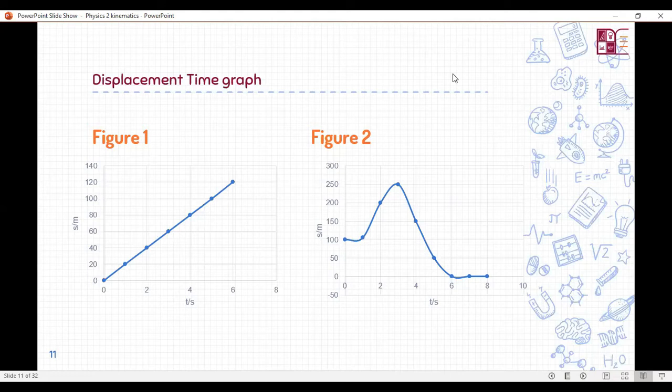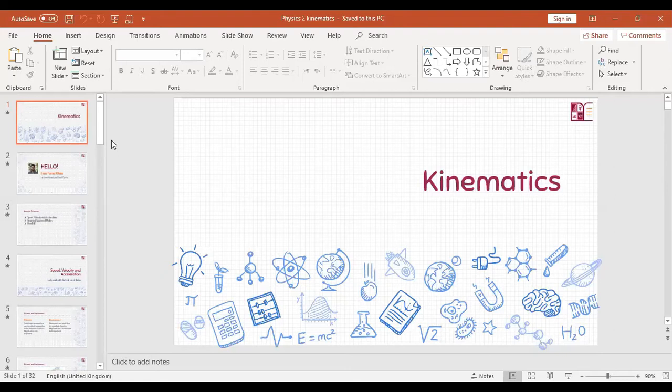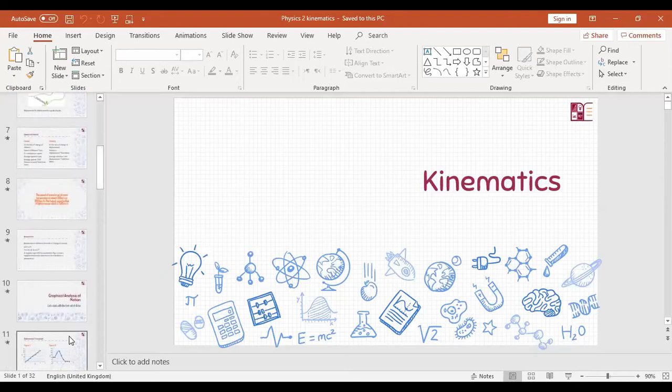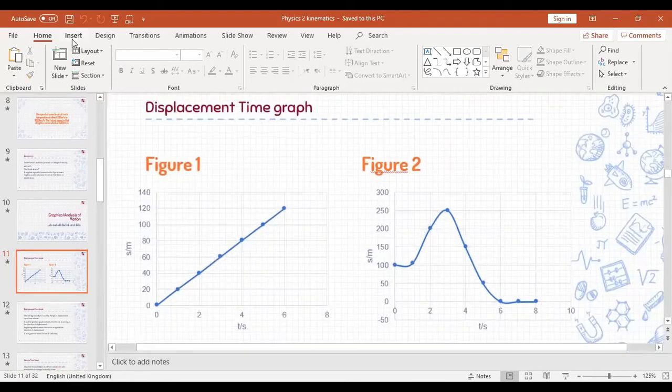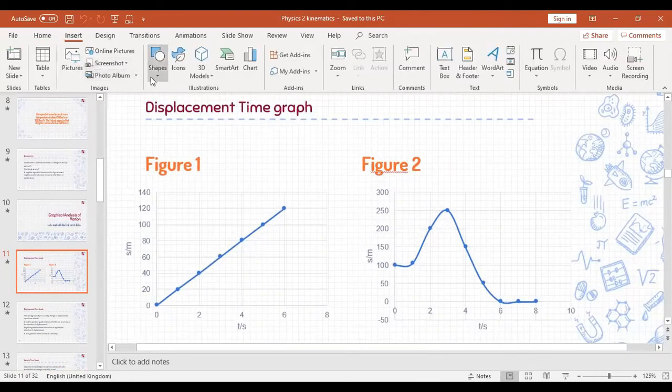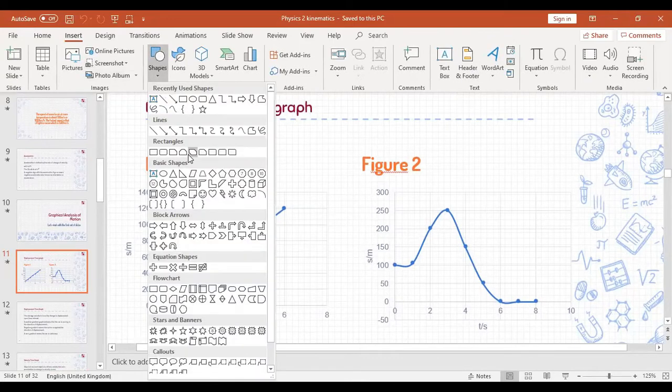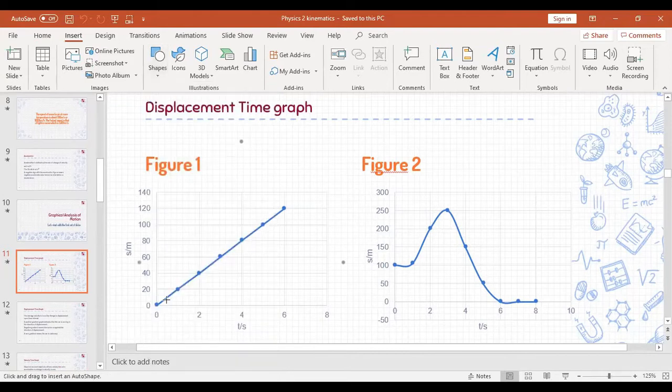If you take any interval here, let's assume I need to take an interval here for velocity. So what I need to do is take the change in displacement. Let's say I take a point here, let's say at 2, 1.